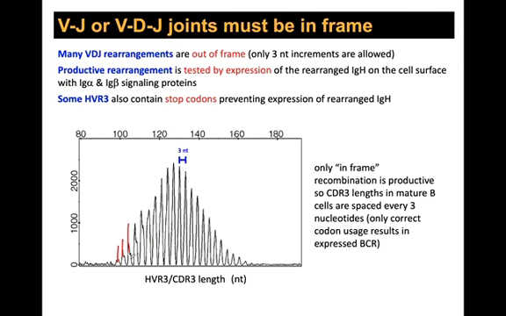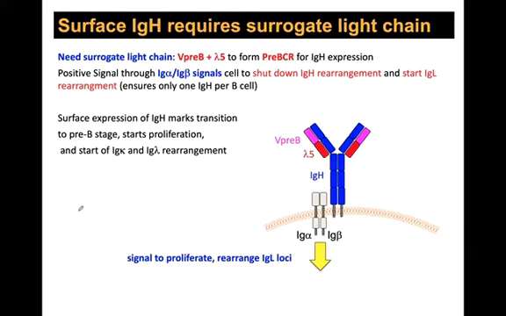But you notice there's not any in between. And so that's because if it's 1 or 2 nucleotides more, it's out of frame, it doesn't get expressed. Okay, so only in-frame recombination is productive, and so that's the only thing that's going to get actually out to the cell surface. And what happens is you get the heavy chain. So here's our heavy chain that's being expressed.